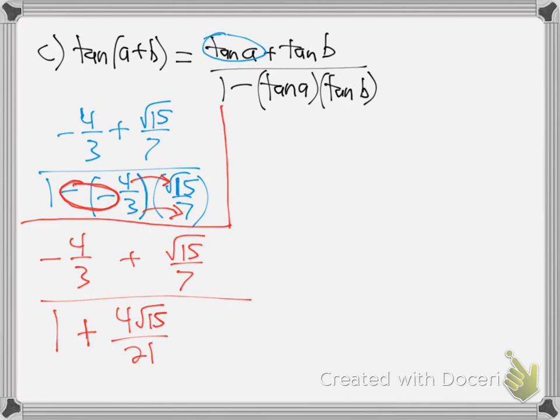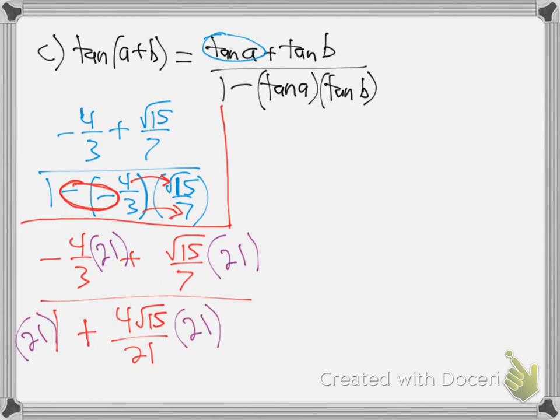Just wipe out all those denominators. Take aim at all the denominators: 3, 7, 21. What number do they all go into? 21. 21's a common denominator. Use 21 to multiply everything on the top, everything on the bottom. What I mean is 21 there, 21 there, 21 there, 21 there.